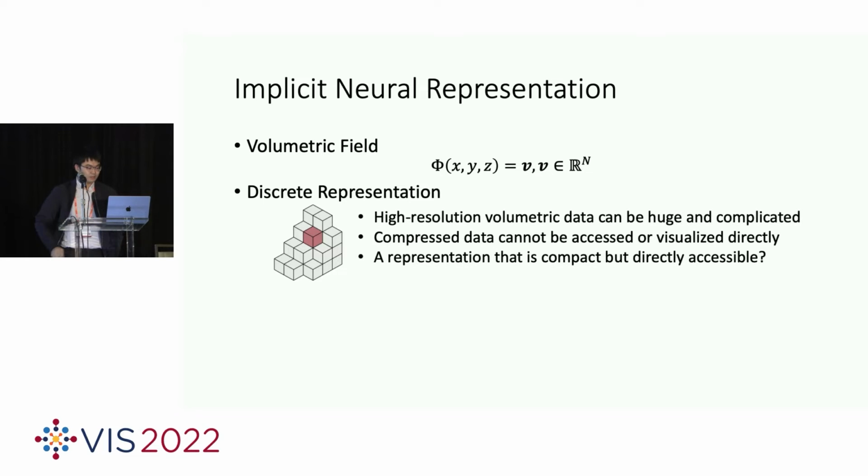However, such a representation can be really huge and complicated when the resolution becomes very high. And then the natural solution is to compress the data. However, compressing the data will reduce size, but the compressed data cannot be sampled directly. We have to decompress it in order to use it. So we really want a representation that's easily accessible while still being compact.